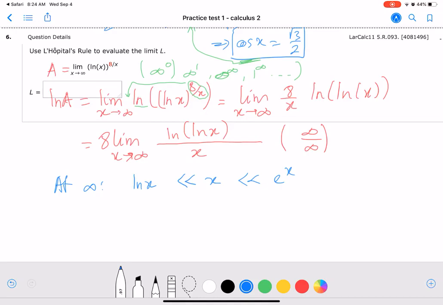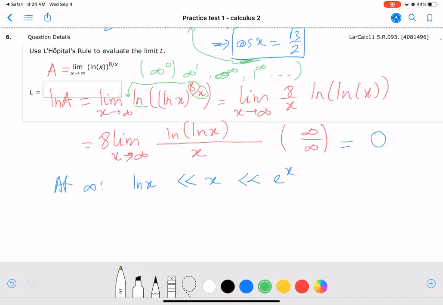The limit is equal to 0, because on the top you have ln of x. So ln of x is even smaller than x at infinity. So you have this, and then since that guy is very small if you compare with the x, the limit is just 0, because x approaches infinity faster than ln.